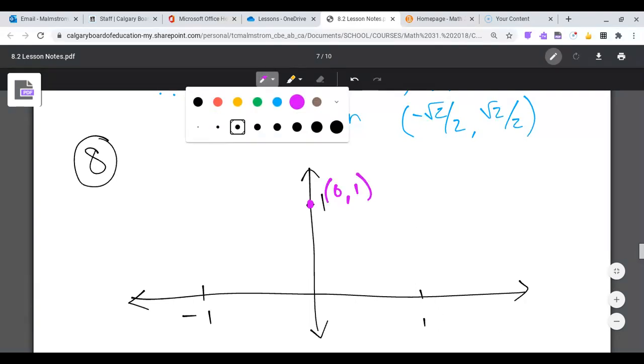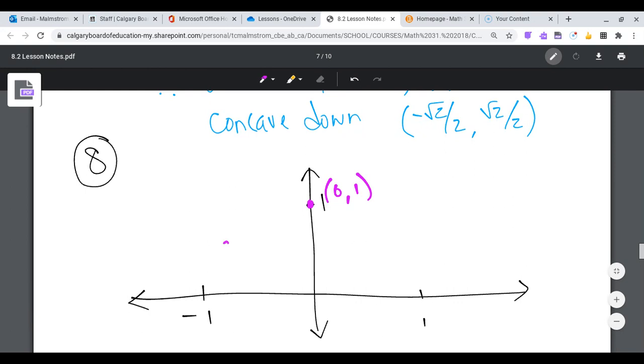And we have a point of inflection happening somewhere right about there, negative root 2 on 2 and 1 on root e. And symmetry, so I'm going to try to make this symmetrical, with a similar point on the other side, positive root 2 on 2 and 1 on root e.